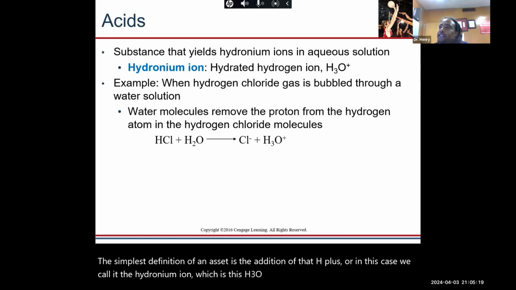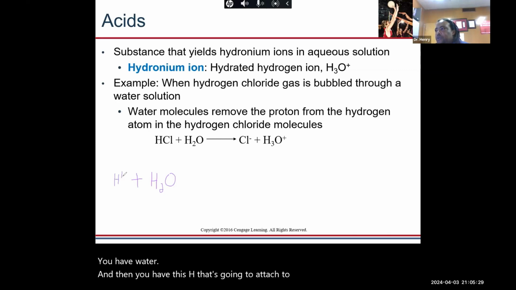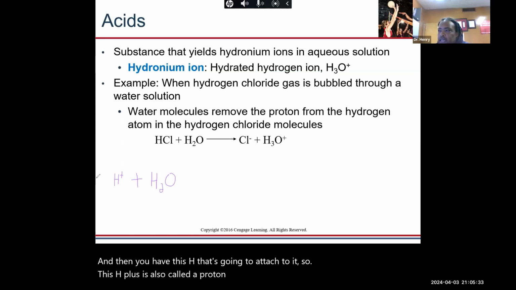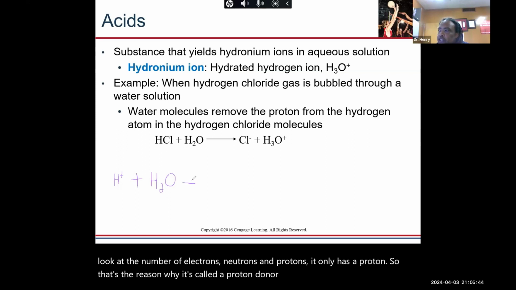All that is is you have water, and then you have this H plus that's going to attach to it. This H plus is also called a proton donor because if you look at the number of electrons, neutrons, and protons, it only has a proton. That's the reason why it's called a proton donor. So it's going to connect to the water and form a hydronium ion.